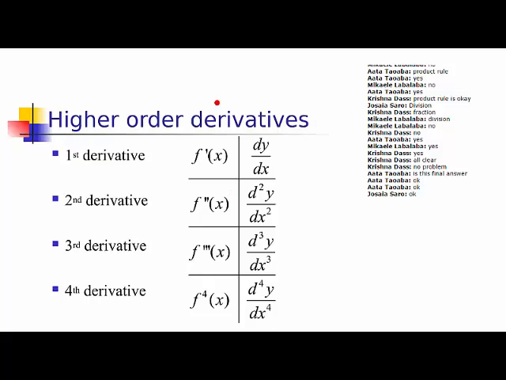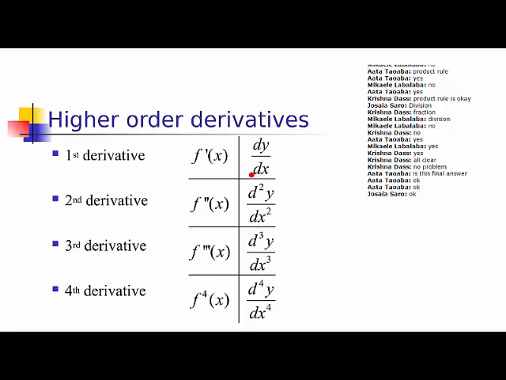This is where we have higher order derivatives. So first derivative, this is how you present them. That's what is given here. F dash of x we write in the form of dy over dx. Now, can anyone tell me why we write dy over dx?